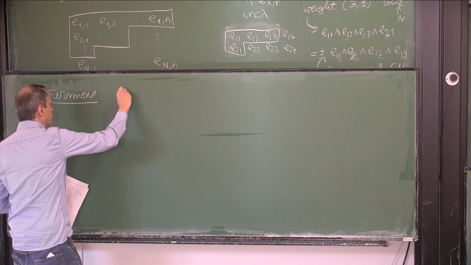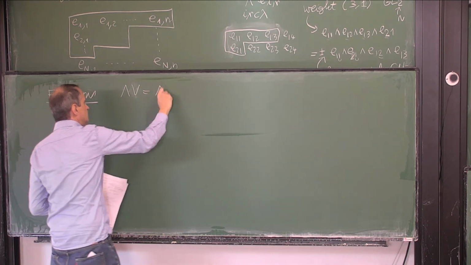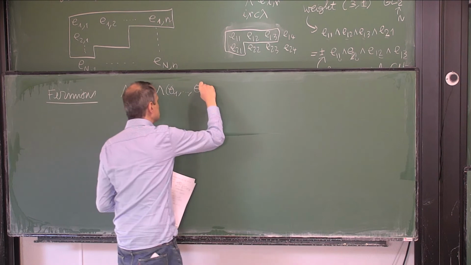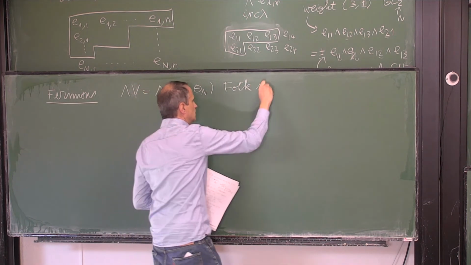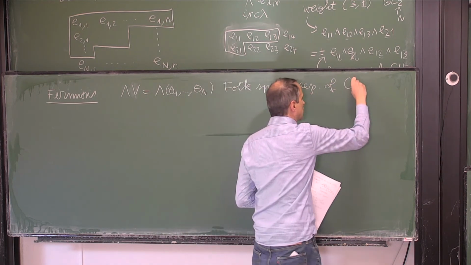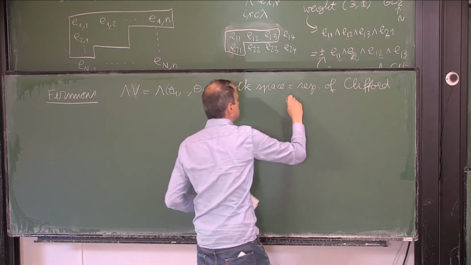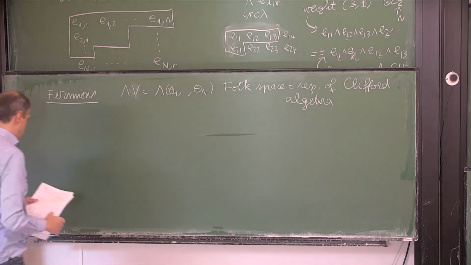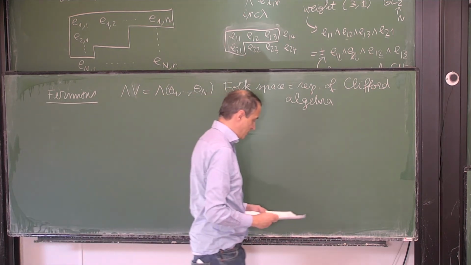Now we want to view this as a Fock space, a representation of the Clifford algebra, or canonical anti-commutation relations. Probably this is well known to everyone, but it should be a school, right? So I should teach that.